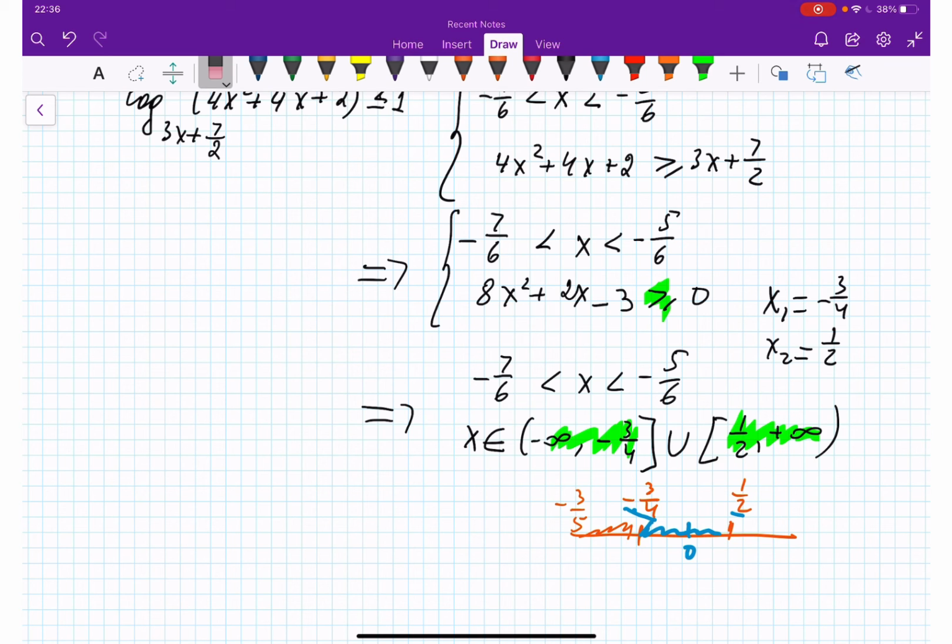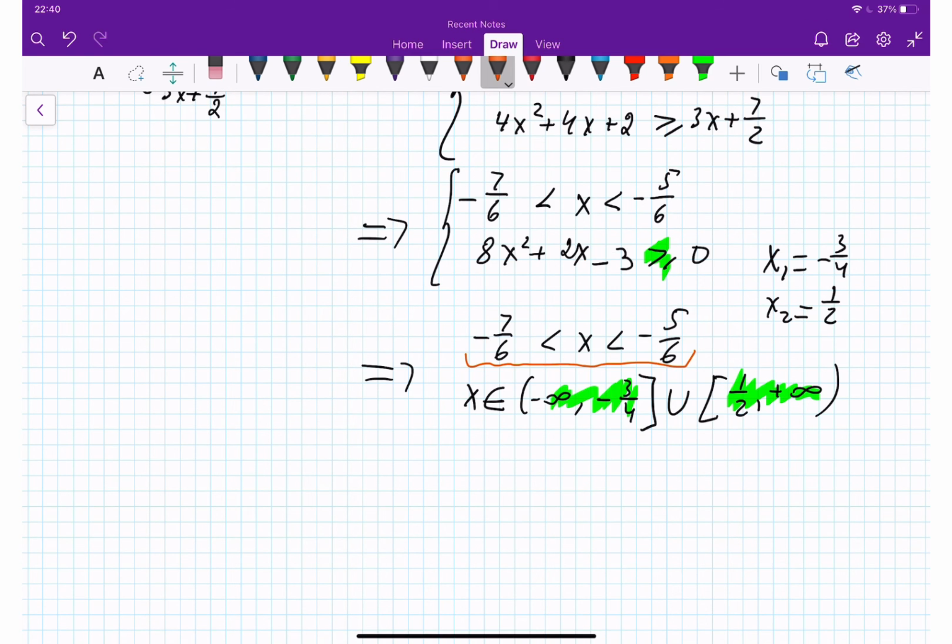And if you take a number greater than 1/2, let's say 1, then this is going to be 8, this is going to be 2, and we get greater than or equal. This is how you can figure out when the solution of the inequality is between and when it's outside. All right?